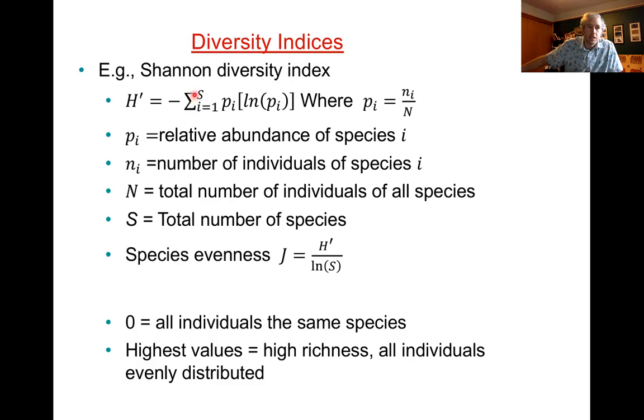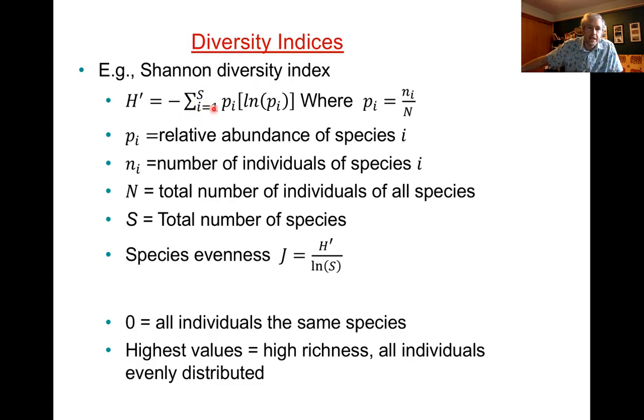So what we're doing is we're looking at the sum of, and we're looking at S. And S is, remember, species richness. So when you see sigma and you see a number or a symbol at the top, this basically means the sum of for all of these. So we're looking at the sum of for all species. And i equals 1, so that's our species number, basically.